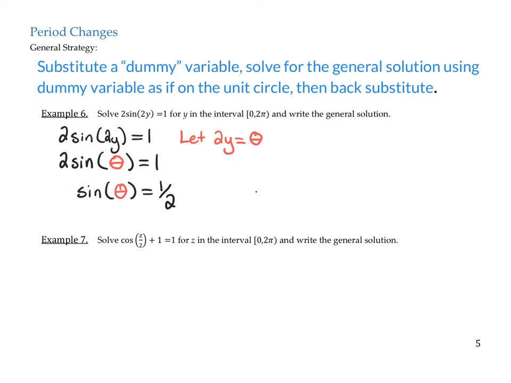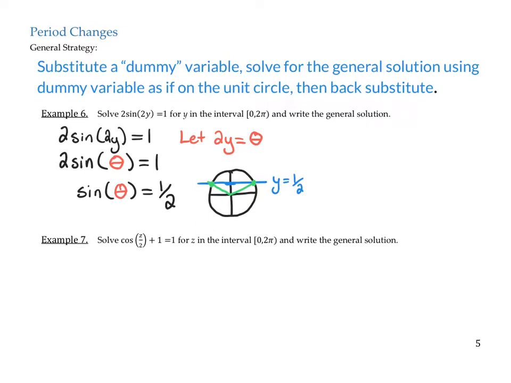Now we're going to solve this as if we're on the unit circle. So what that means is that I'm finding the two places where the sine equals 1/2. So here's y equals 1/2. And the two angles that intersect at are pi over 6 and 5 pi over 6.